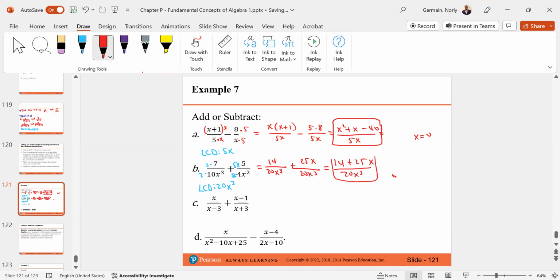X cannot be equal to 0. We need to remember that x cannot be equal to 0, because if x is 0, the denominator would be undefined.